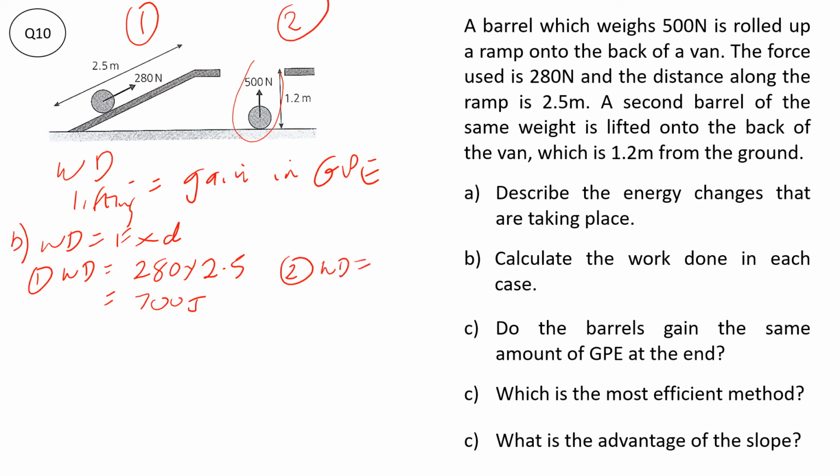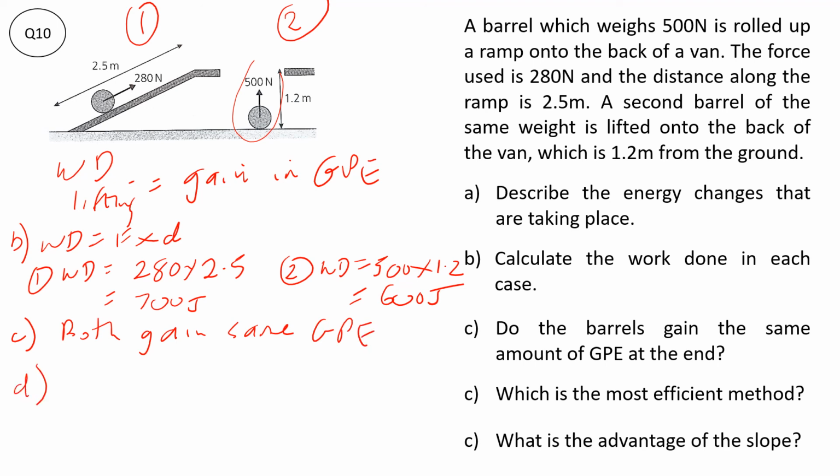Work done equals 500 times 1.2. 500 times 1.2 equals 600 joules. Do they gain the same amount of GPE at the end? Yes. Both gain the same GPE because they're both the same height and they're the same mass.